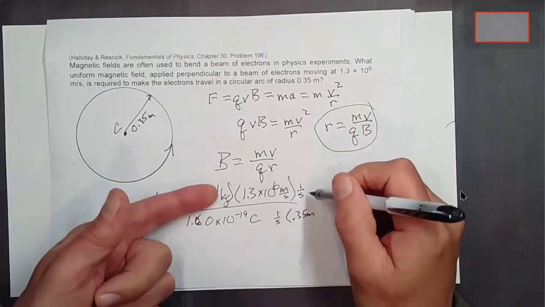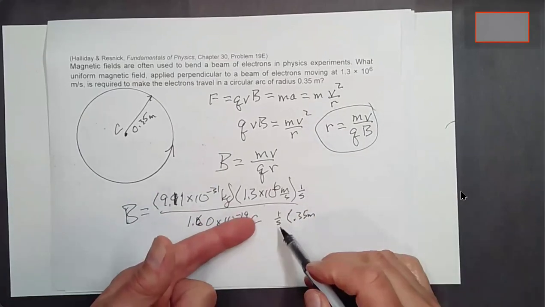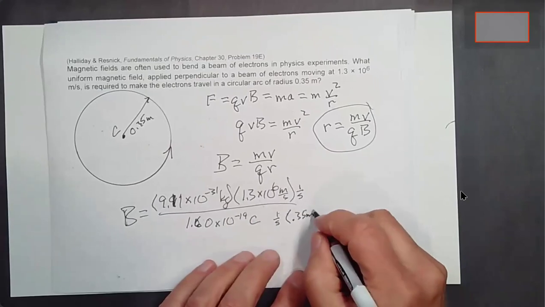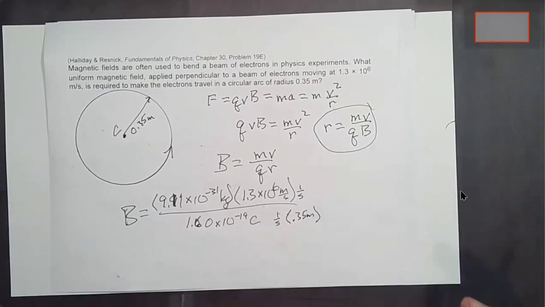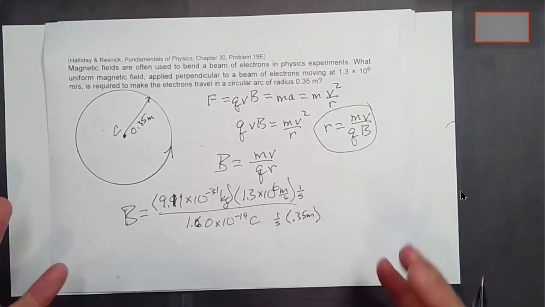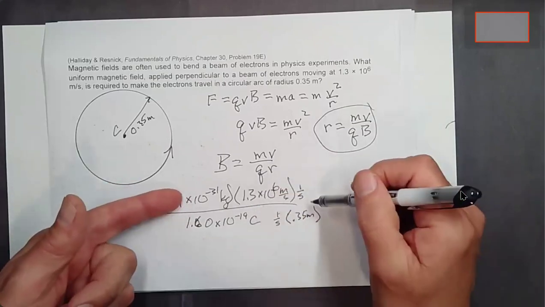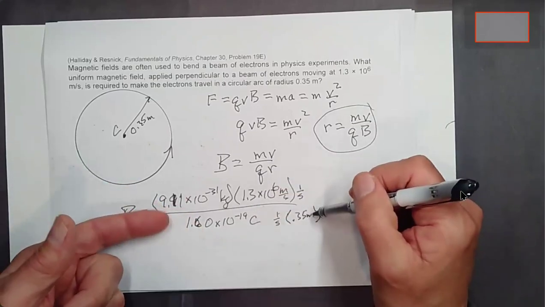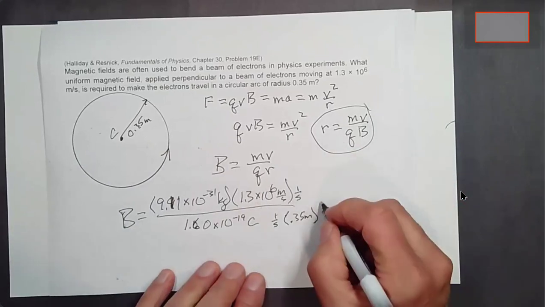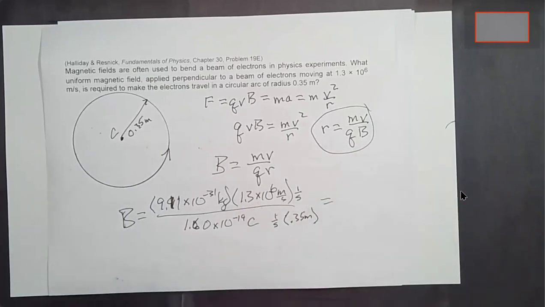Okay, and then I've got a Newton on top and a coulomb per second, which is an amp, and I've also got a meter there. So I'm okay. That's an example of looking at the units. I found a mistake I'd made. I'd lost the R, so we can do that. But anyway, the magnetic field in this case.